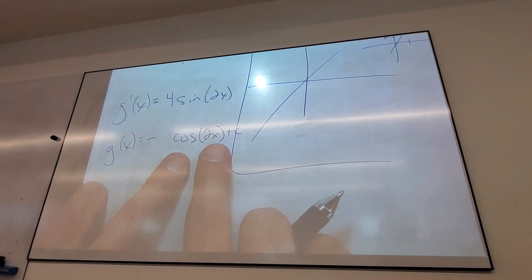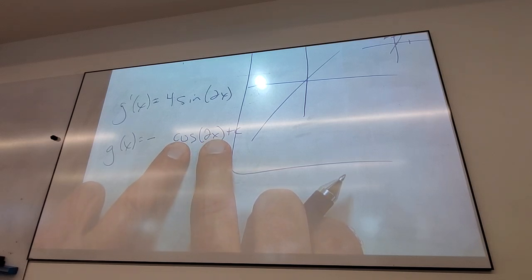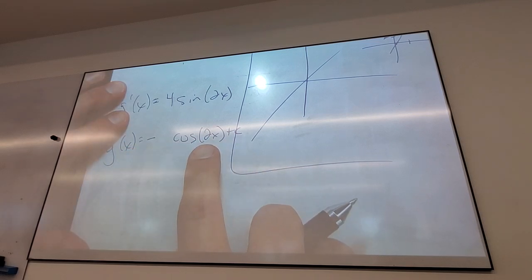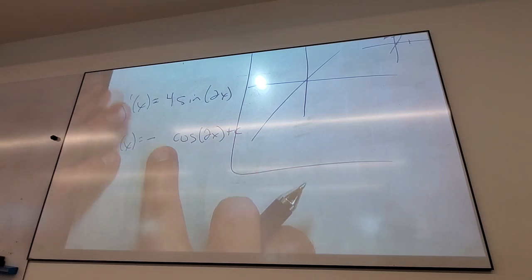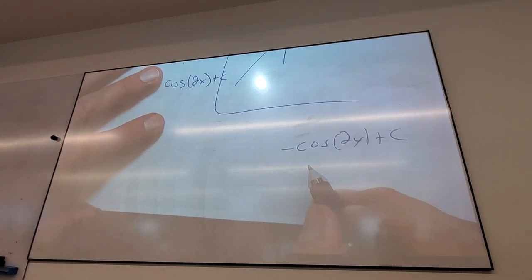So we're not done, because what is this guy's derivative? Let me see. What is the derivative of negative cosine 2x plus c?